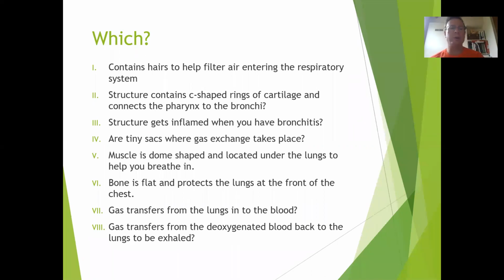And then the last two questions: which gas transfers from the lungs into the blood, and which gas transfers from the deoxygenated blood back into the lungs to be exhaled. So have a little think about what comes in and what goes out. Good, Caden, oxygen comes in. Well done. What goes out? What goes the other way?